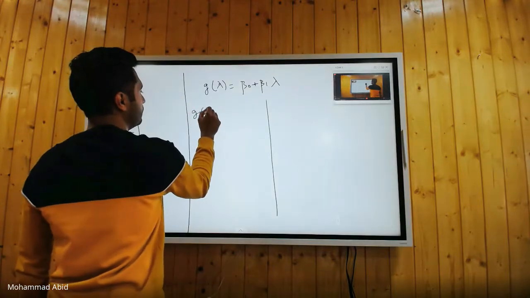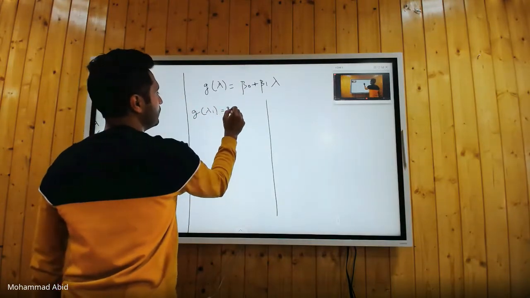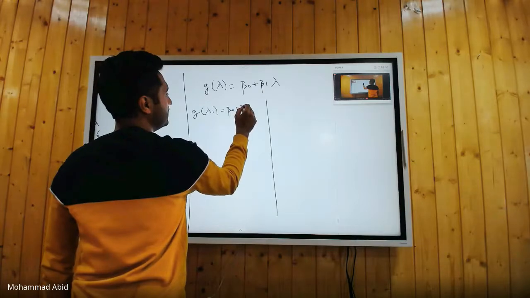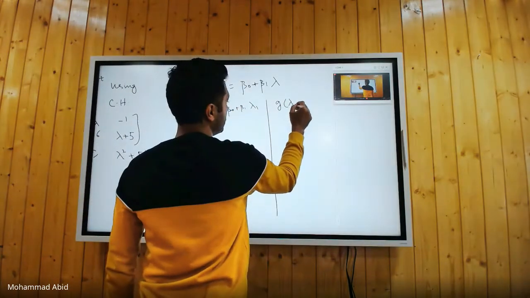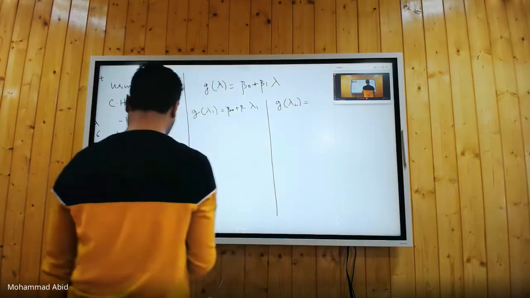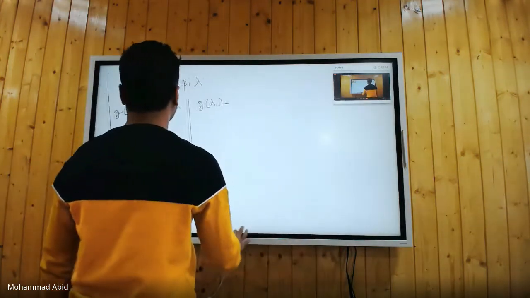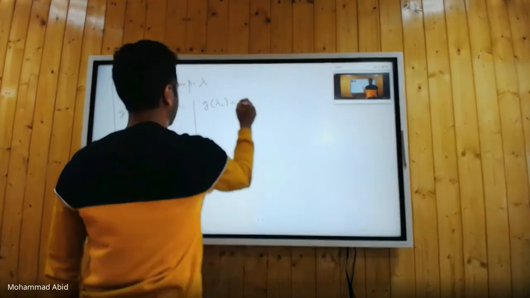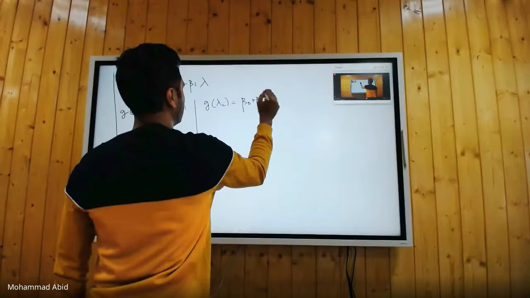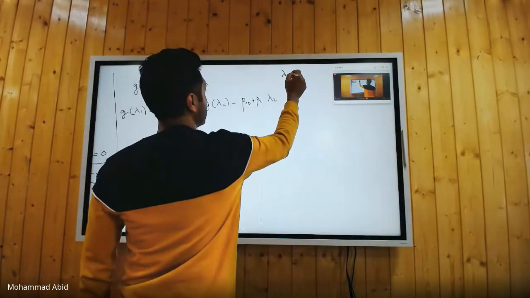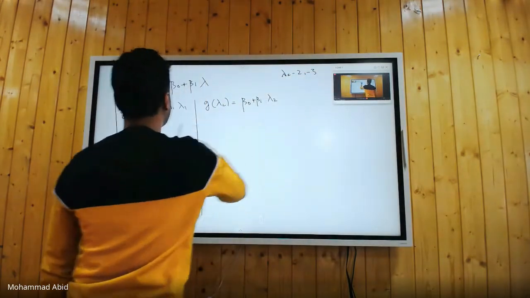g of lambda 1 will be beta naught plus beta 1 lambda 1, and g of lambda 2, because we're having two eigenvalues, is equal to beta naught plus beta 1 lambda 2, and the lambdas are minus 2 and minus 3.